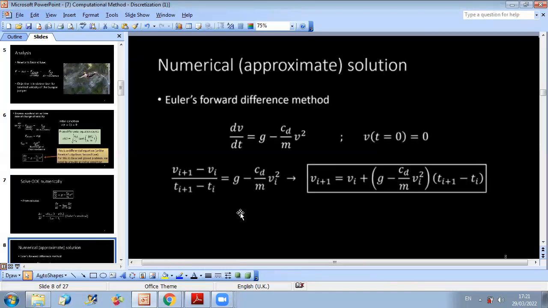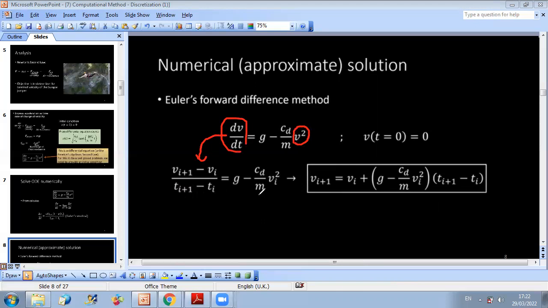Now let us say we'll use Euler's forward difference method. As we said, in this method, we replace dV by dt by Vi plus 1 minus Vi over Ti plus 1 minus Ti. And in your equation, V is replaced by V at the point of interest, which is V at i.